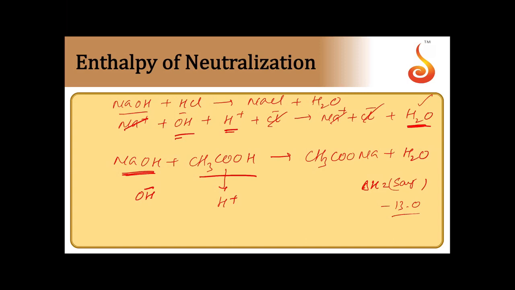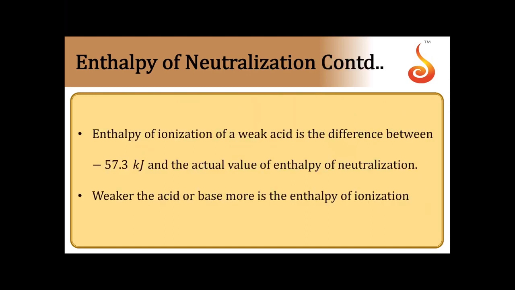When a strong base and a weak acid are involved, there are two steps. Step 1 is the formation of 1 mole of H+ from the weaker acid, which involves absorption of energy, and then formation of 1 mole of water from H+ and OH-, which liberates energy. Therefore, the net value will always be less than 13.7 because it involves formation of H+ from the weaker acid, which is an endothermic process.